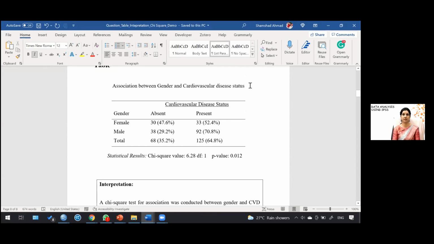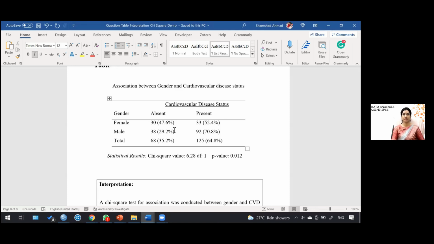And then here it's a 2x2 table. You have to enter the observed count, not the expected one, here. Expected is only to show you the interpretation that the larger the difference between the expected and observed, the greater the value of chi-square, and there are more chances of that 2x2 table being significant, right?